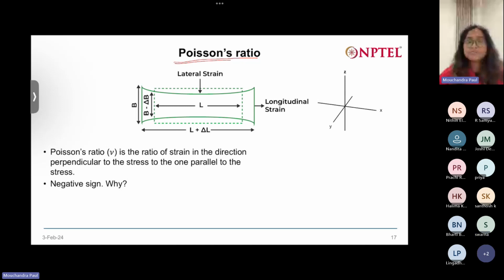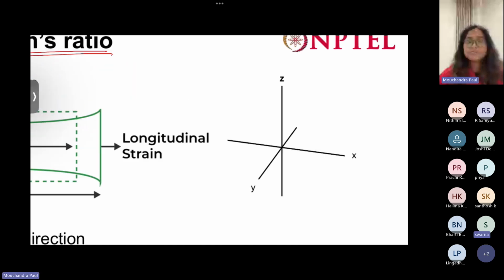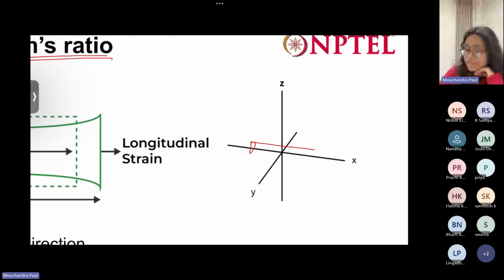Suppose this is your xyz axis. Now suppose you are placing a material here, and the force is in the x direction. Then what will happen?